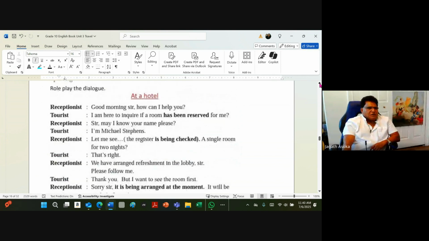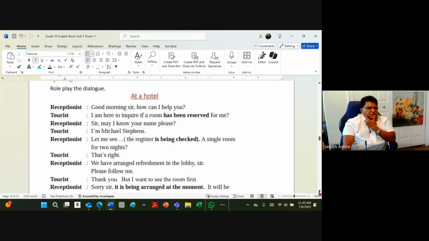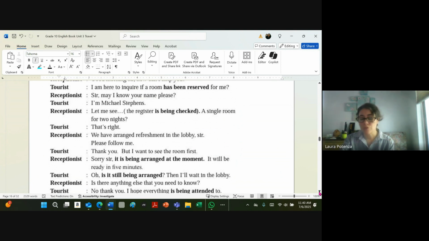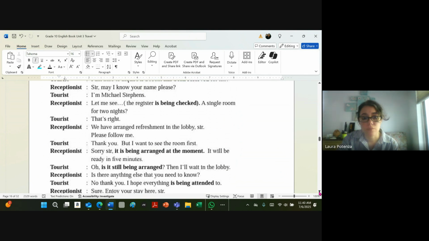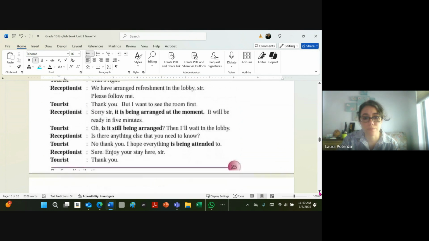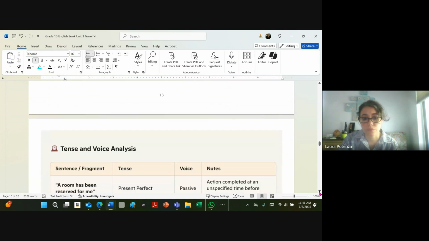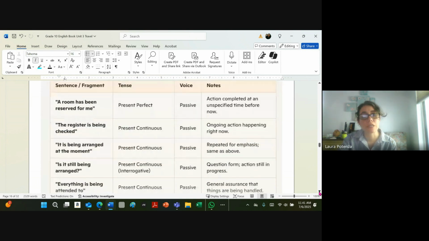Do you want to say a few words about these fragments? Sure. So all of the sentence fragments that are in bold, those are all in the passive voice. So if we scroll down, we'll see those fragments here.